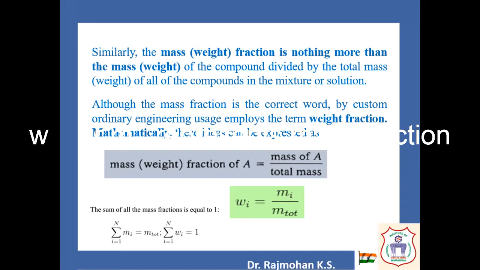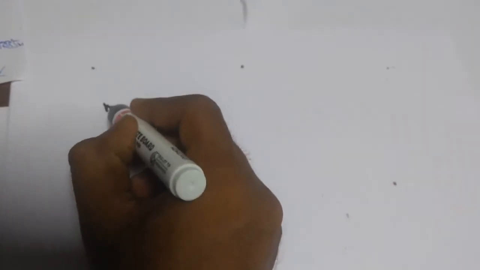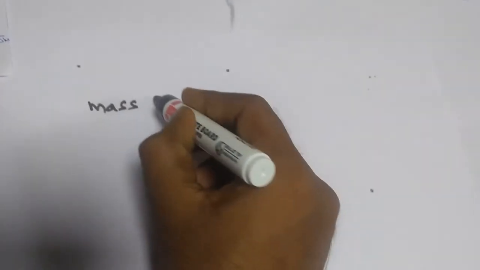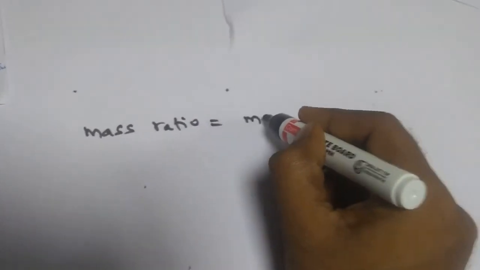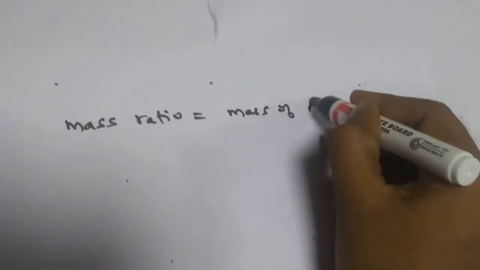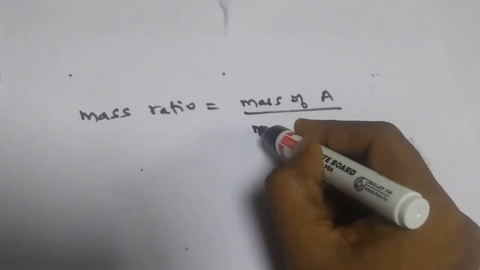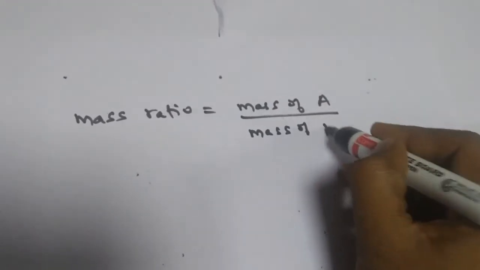For a multi-component system, for example w1 plus w2 plus w3 up to wn, the sum should be equal to 1. Similarly, in mole fractions, the mole fraction of the first component, second, third and up to the nth component, the summation of mole fractions is 1. Mass ratio is mass of A divided by mass of B.